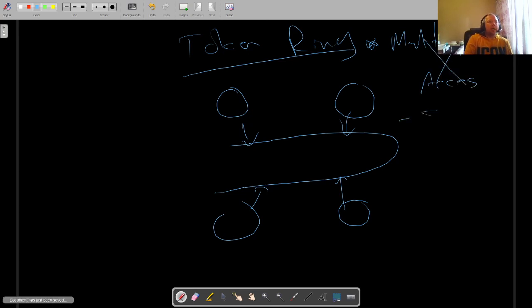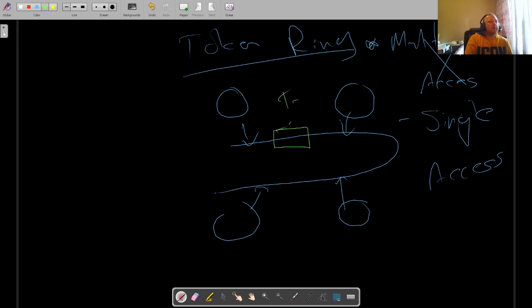We now only have what we call single access. And the way that it does that is it's got a little token. Okay, think of the token as a little boat. This boat needs to have the data put onto it. Then the boat can travel on the network to the destination.